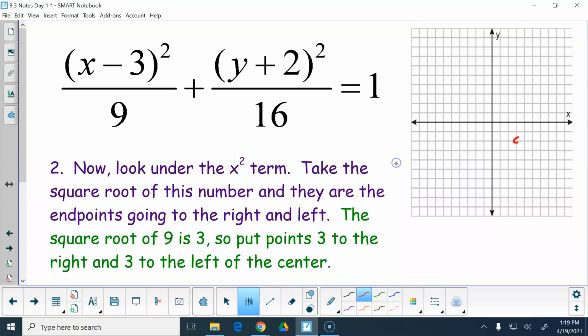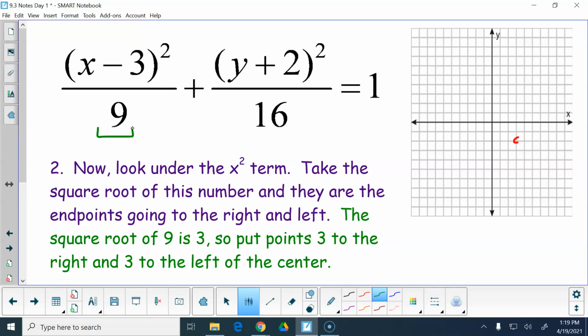Step number 2 says, now what we're going to do is we are going to look at the number underneath the x squared term. In this particular case, that means we are looking at the number 9. That is going to give us the endpoints of the left and the right side of our ellipse.